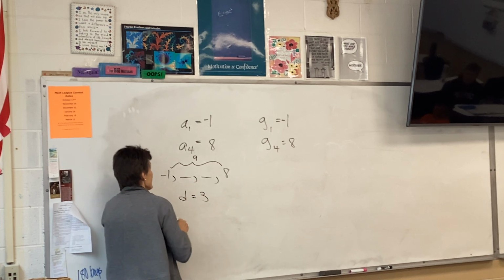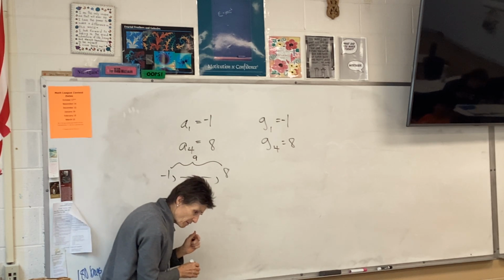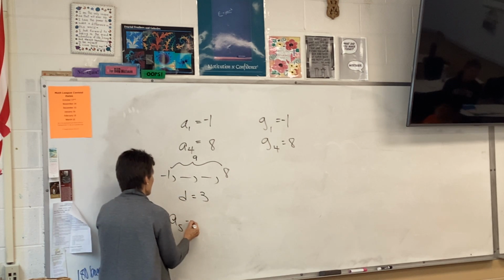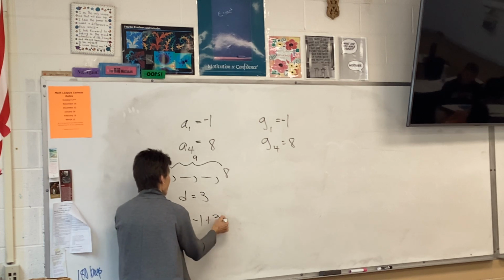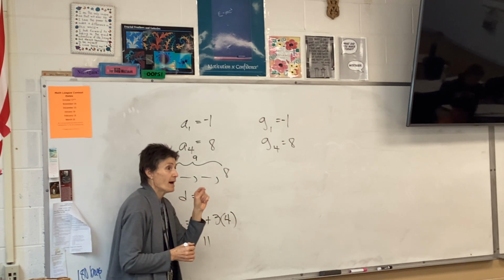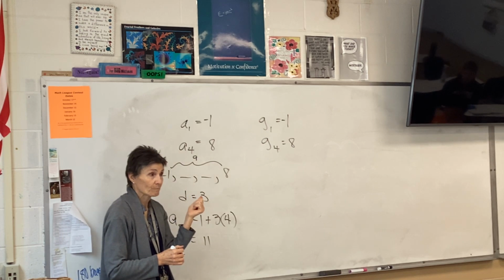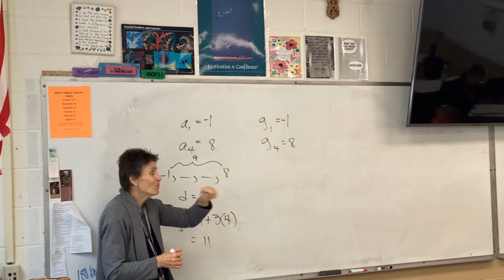Yep. Okay, so I want to find the 5th term. So the 5th term would be the 1st term plus the common difference times 4. Did you get 11 as the arithmetic term? So everybody got 11, even the B's? No?